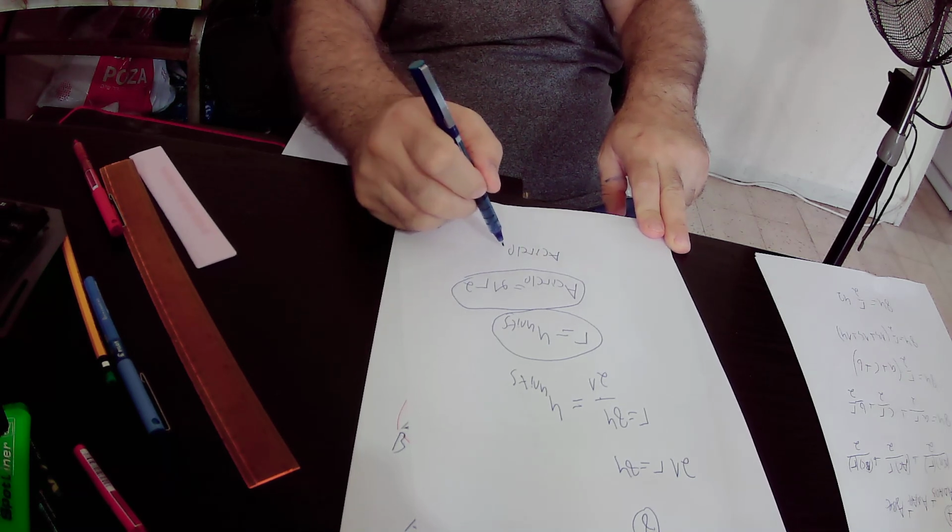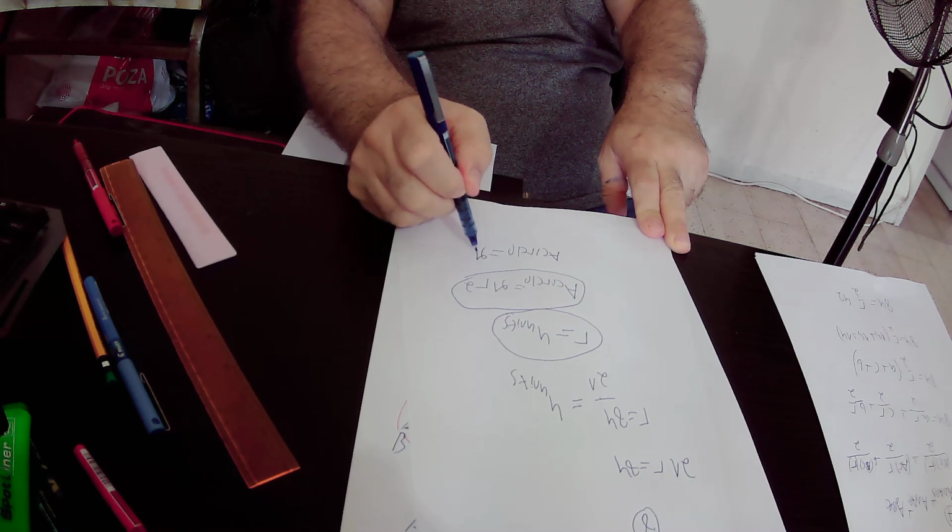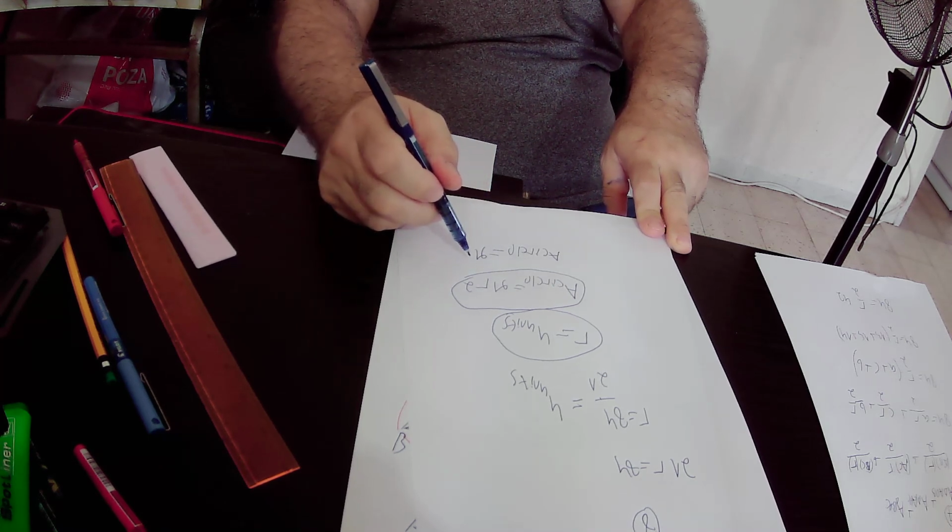equals pi times R square. R is 4, so R square is 4 square.